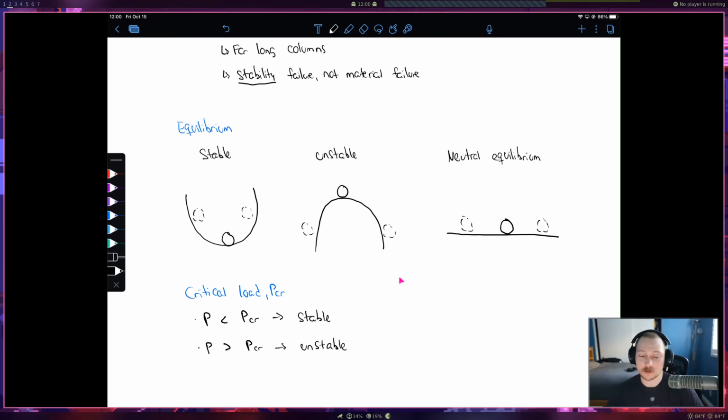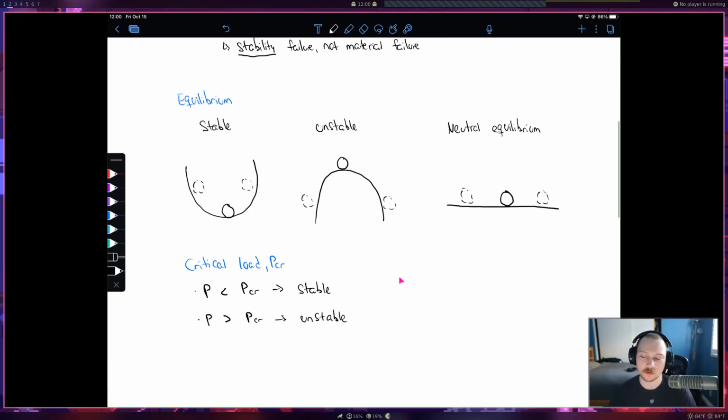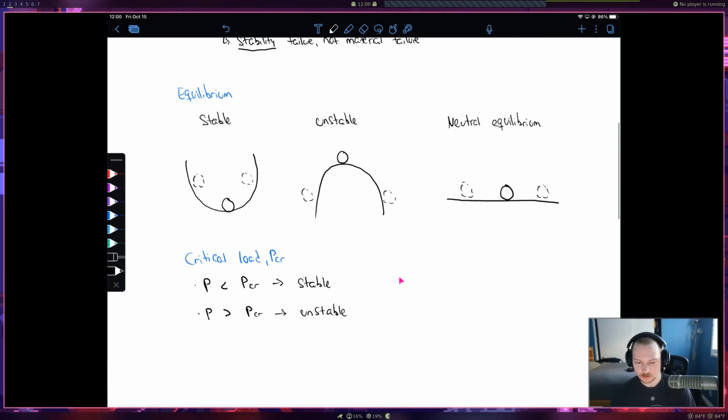Right, and then if our load P is greater than the critical load, that means we are in an unstable system. So we have that buckling that occurred, or if it's a short column, it crushed and we can't recover any of that deflection or crushing that's occurred. Basically just deformation.